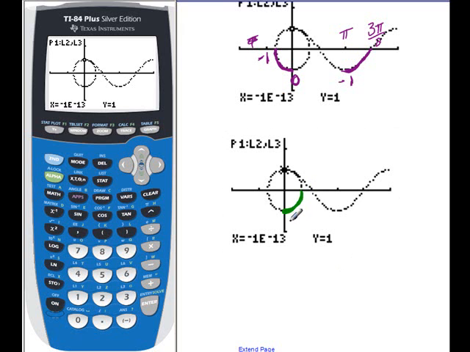So from 3 pi over 2, which is this point on the x-axis right there, to 2 pi, our x values are going from 0 to 1, so the cosine curve is going from an x-intercept to a maximum point at 1.